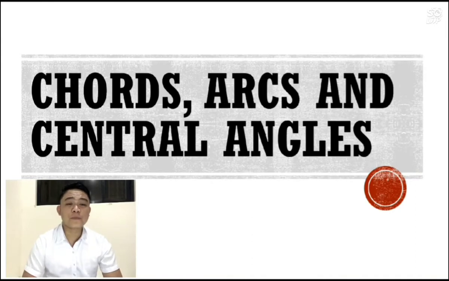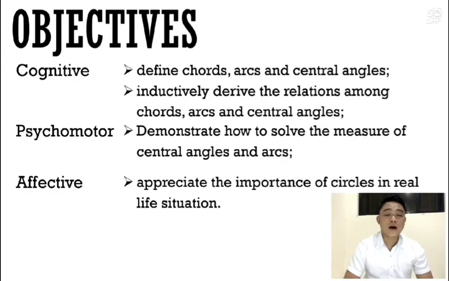But before we proceed to our lesson for today, I would like to share our objectives for today's lesson. Our objectives are divided into three components. First is the cognitive, second is the psychomotor, and the third is the affective. For our cognitive objectives, first is to define chords, arcs, and central angles.